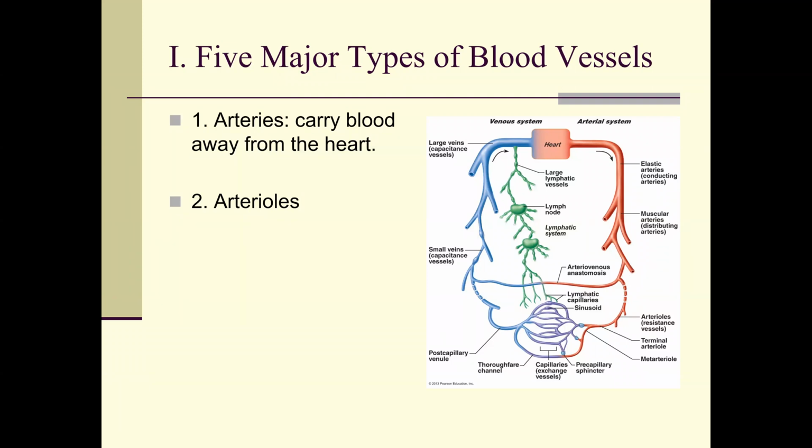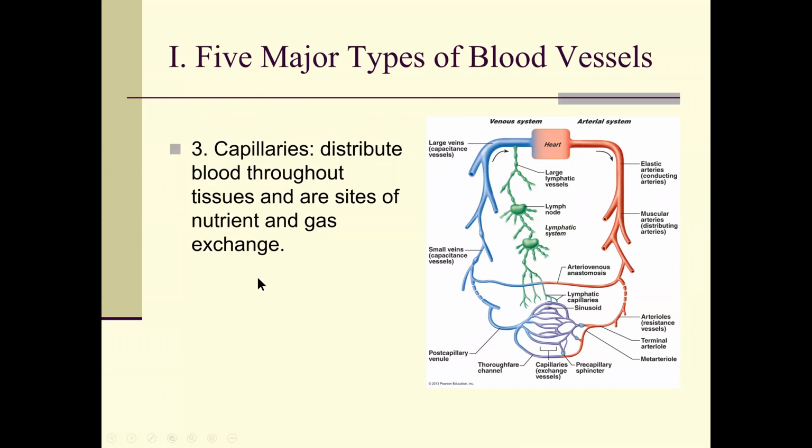We're down to the arterioles, and the arterioles are actually the last branch of the artery system before you either get into the capillary bed, or you get into an arteriovenous anastomosis, where you're going to bypass this capillary bed. Okay, the capillaries are where all the action occurs.